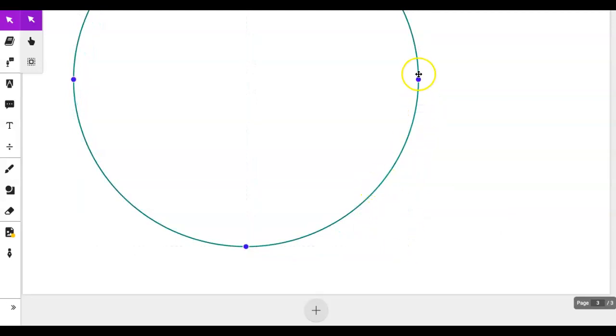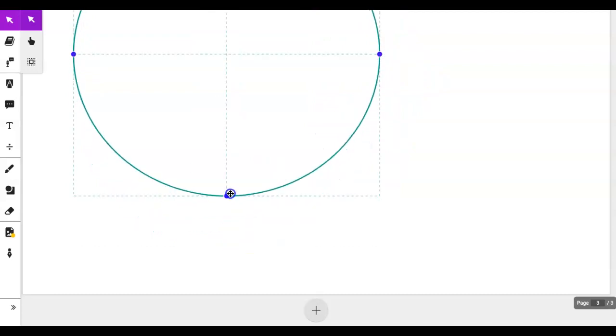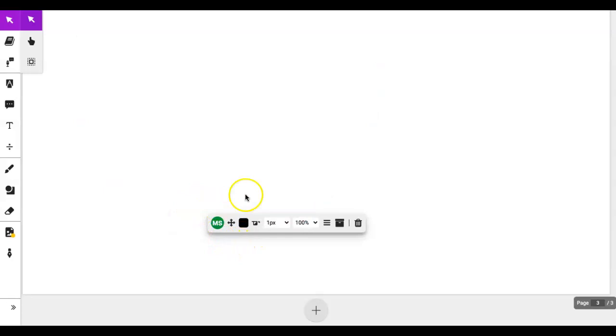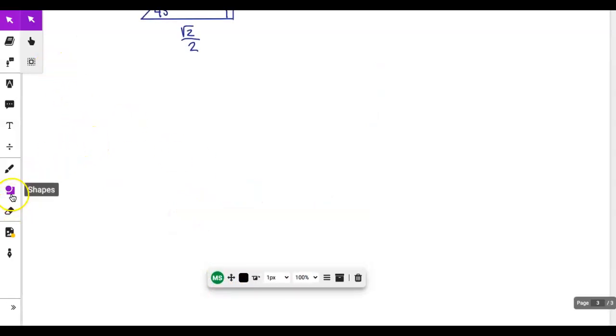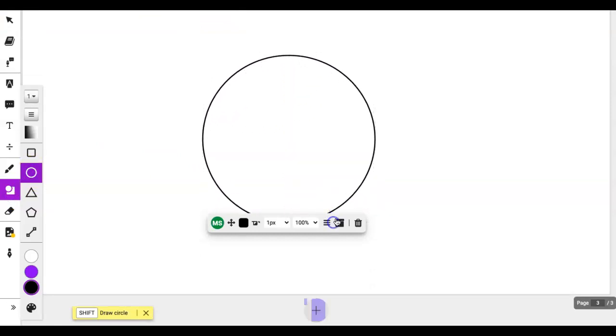There we go. Oh, it's turning it into an ellipse now. Let me just try that again. Okay, there we go. That'll be good enough.